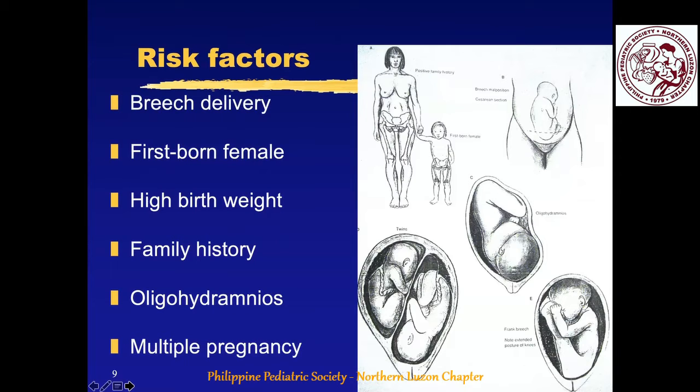A lot of these have been grouped together in a theory known as fetal crowding, where there's very little space for the child inside the womb, and thus the position of the child is forced into extreme flexion and more instability for the hip.